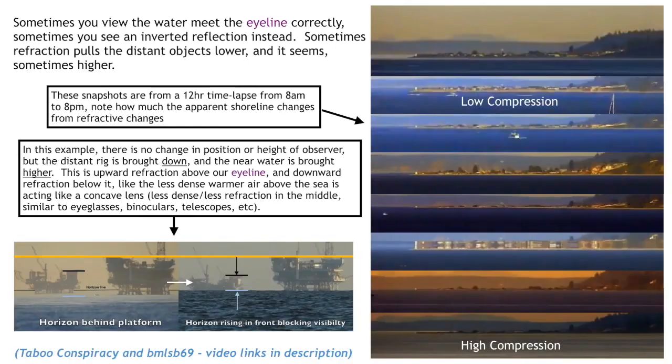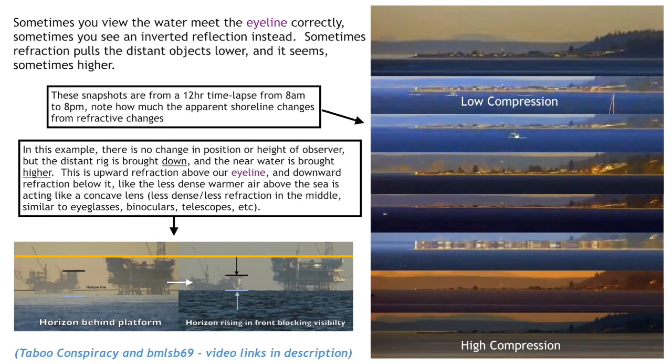So sometimes you view water meet the eye line correctly. Sometimes that water meets it somewhat correct or without a terrible amount of distortion. And sometimes you see an inverted reflection instead. Sometimes refraction pulls the distant objects lower, and it seems sometimes it's higher.